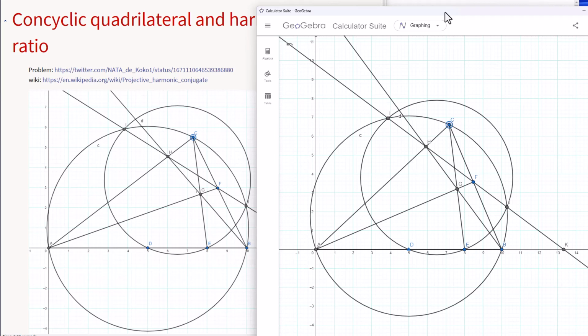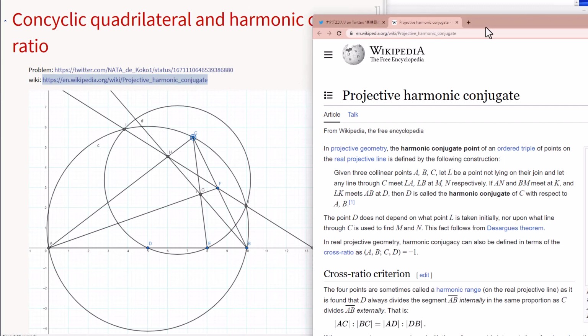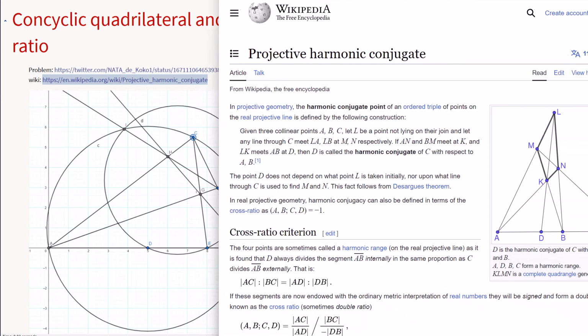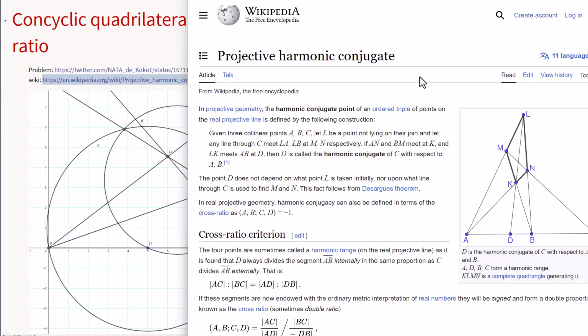The first thing we are going to mention is this whole configuration. This is called a projective harmonic conjugate. It is a very typical structure we need to use.